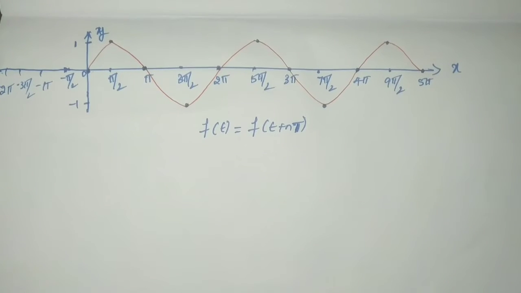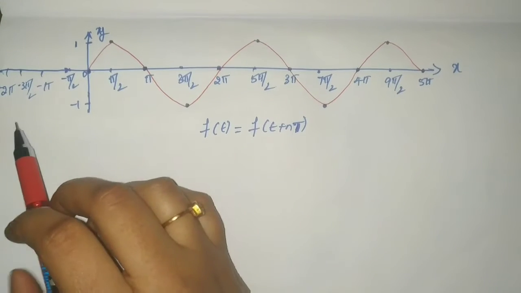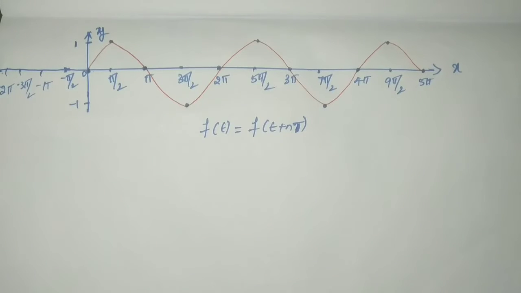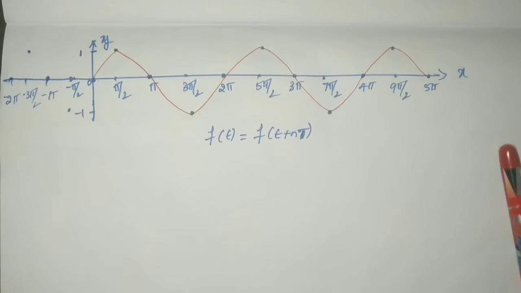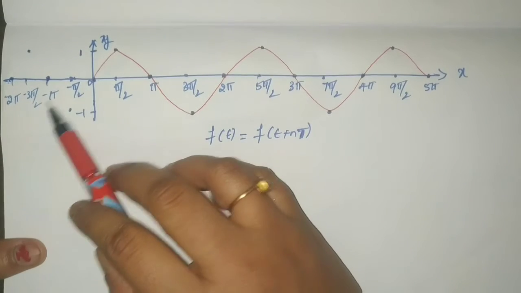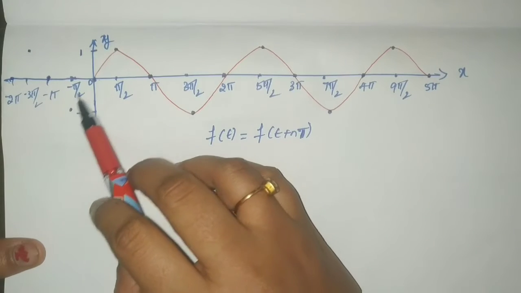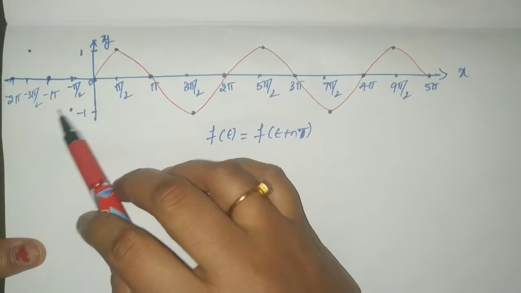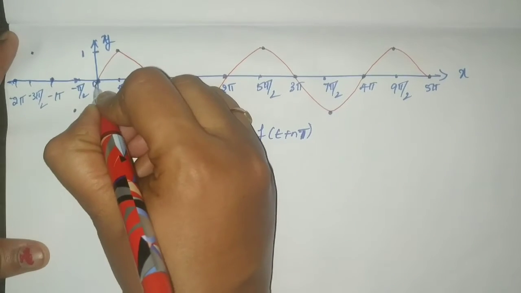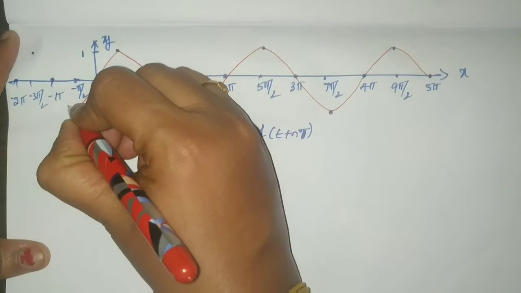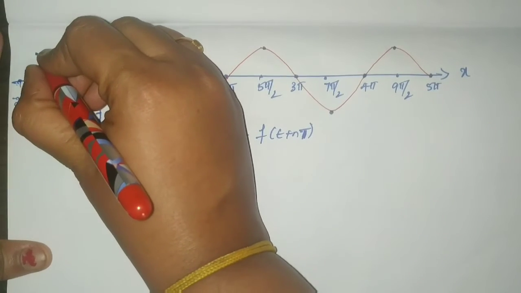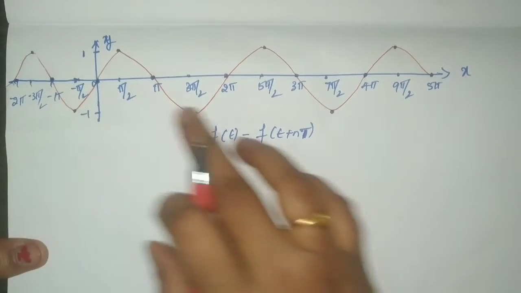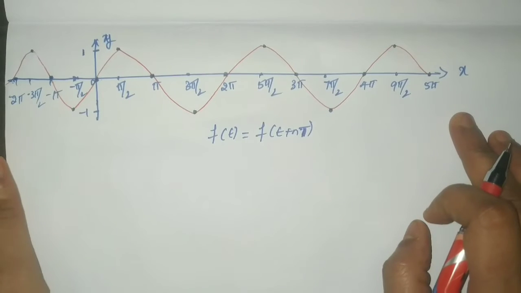You can do the same for the negative side, since sine of minus theta is minus sine theta, and it keeps on proceeding as it did on the positive side.